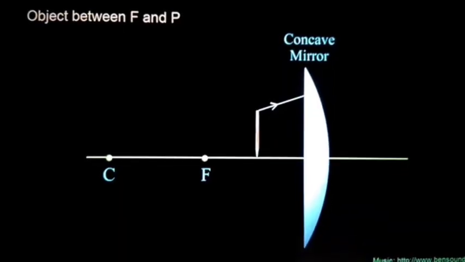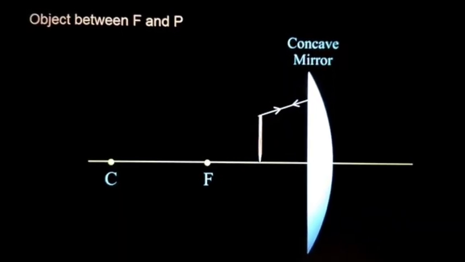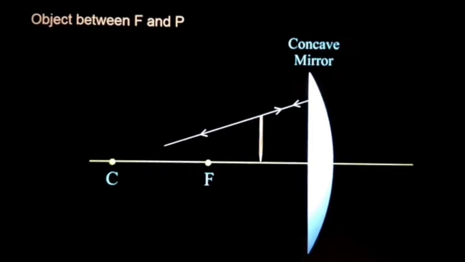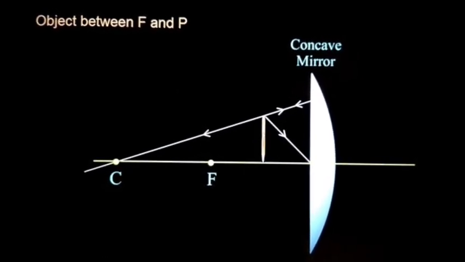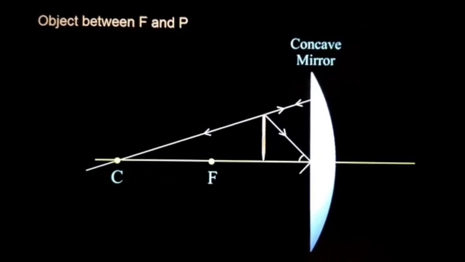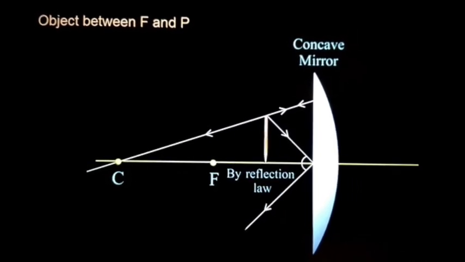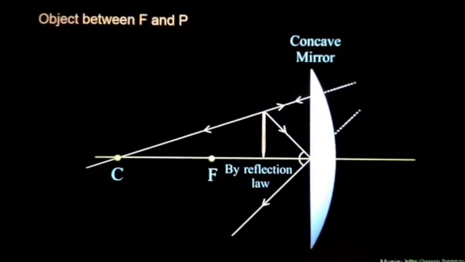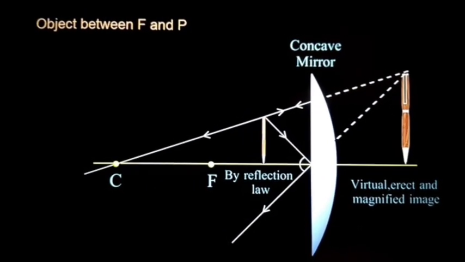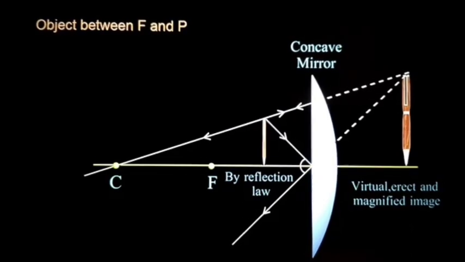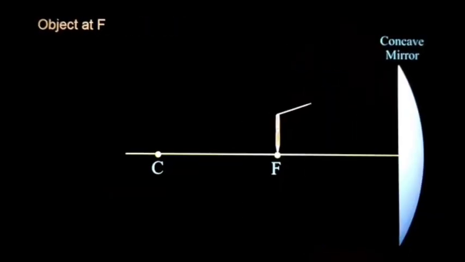For the concave mirror, if the object is between F and P, then we get the image behind the mirror, and the type of the image is virtual, erect, and magnified. Now the object is on F in the concave mirror.